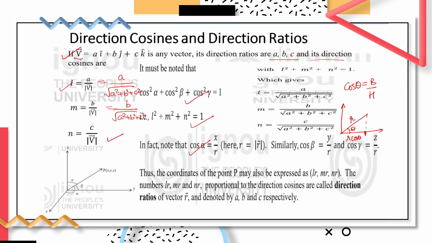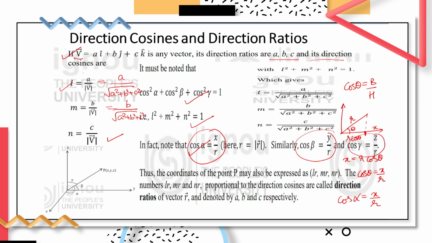R cos theta is nothing but the projection on x axis. That means you can say that x is equal to r cos theta. That means cos theta is equal to x by r, and the angle made by x axis is nothing but alpha. So you can always say that cos alpha is equal to x by r. So cos alpha is x by r, cos beta is y by r, and cos gamma is z by r. So you can say that x, y, z are the direction ratios.